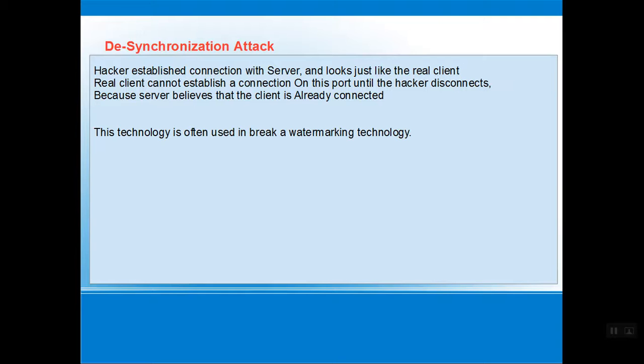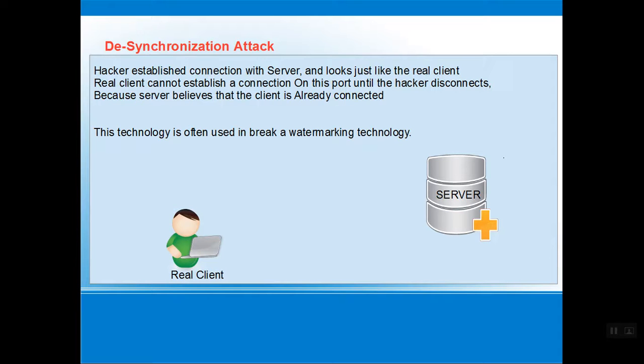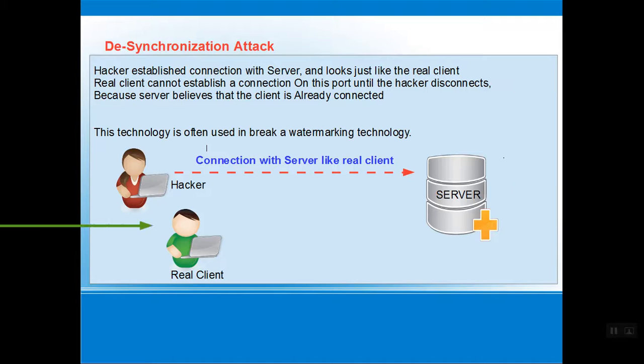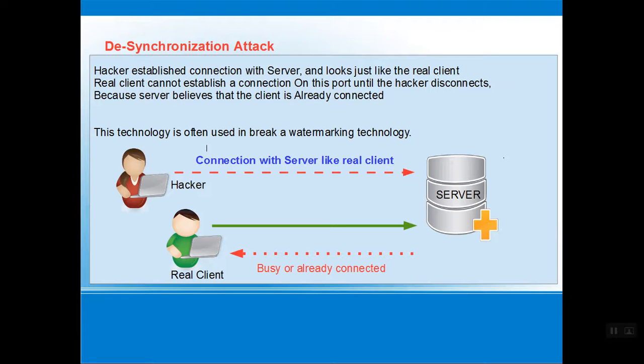So we understand with a further scenario: we have a server, a real client who wants to access the server in the proper manner, and a hacker. How does the hacker perform his task? The hacker simply connects with the server like a real client, but it's not the real client, it's just using virtual connections. At the same time, when the client wants to access the server, the server displays the message that it's busy or already connected, but actually it is not connected.